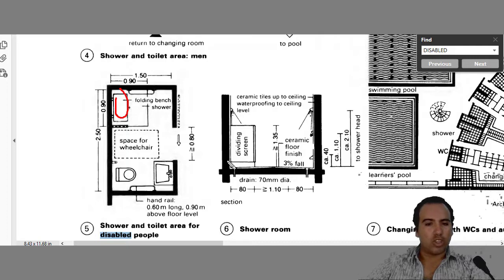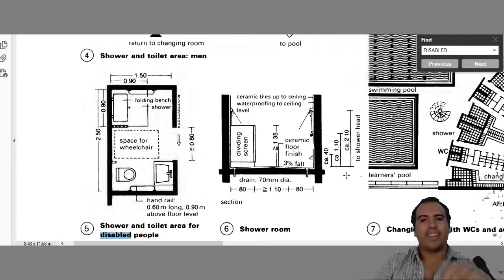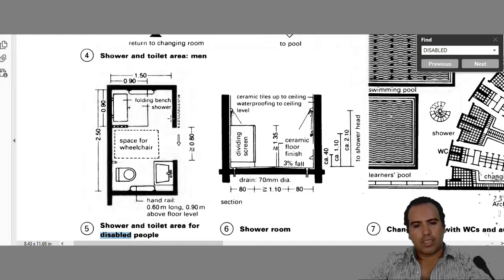I saw one of these in Germany when I was in Munich, a bathroom that looks awesome. You have a little slope, and all the water that comes from the shower goes in here, so you don't have any barriers when you're working on the disabled.